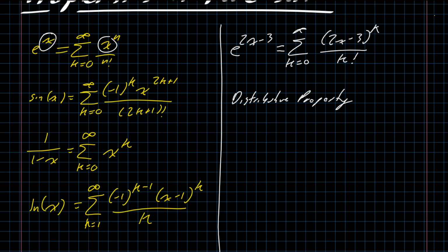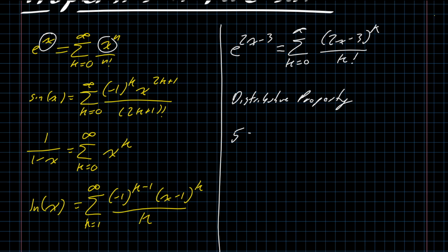The second thing that I wanted to mention is that a power series is essentially a polynomial. And so the same rule for the distributive property should continue to work for all of these. So I have the expression for sine of x over there.